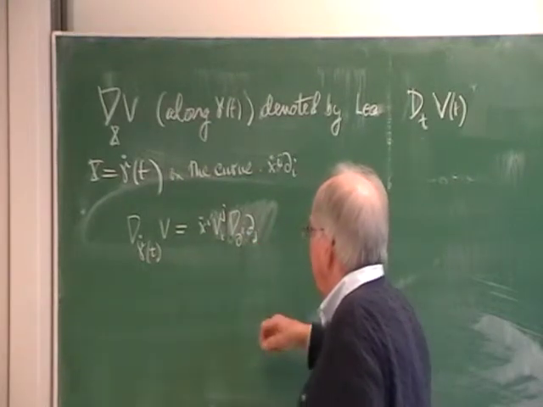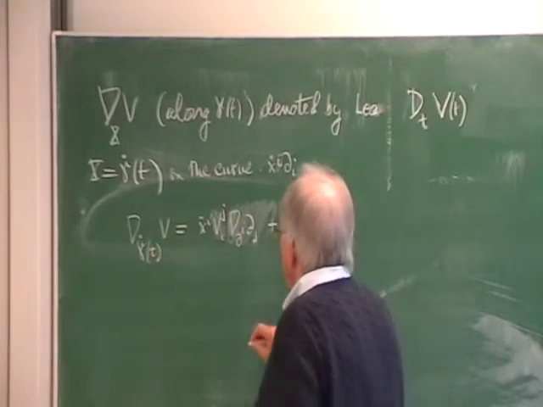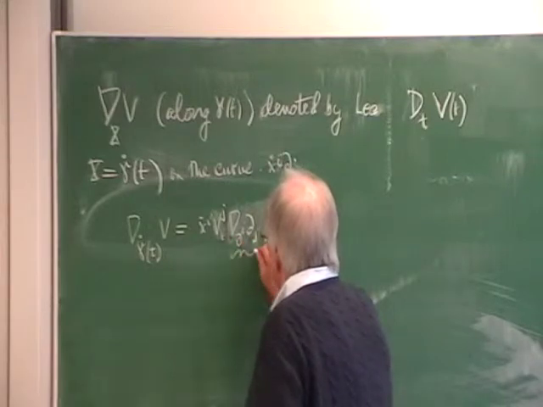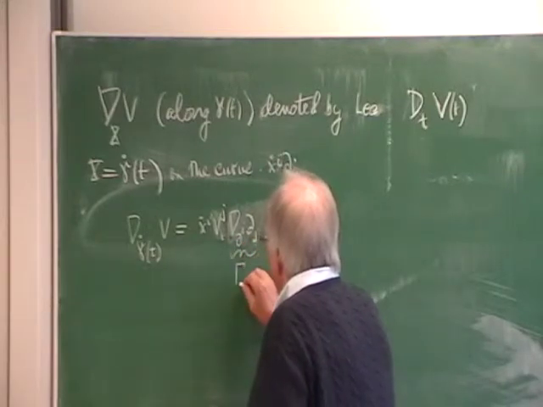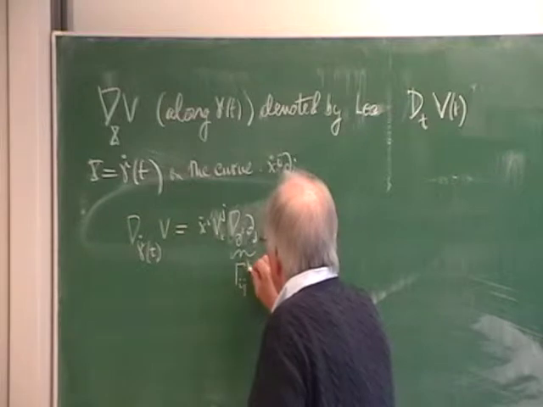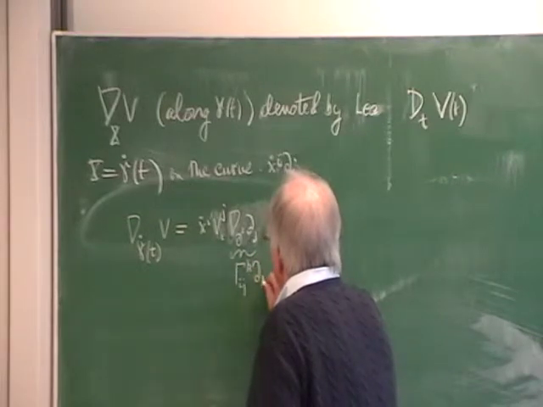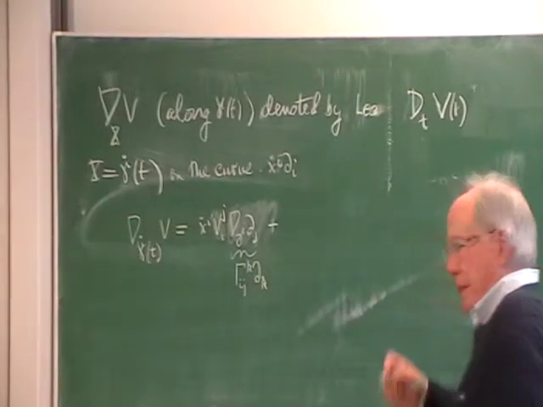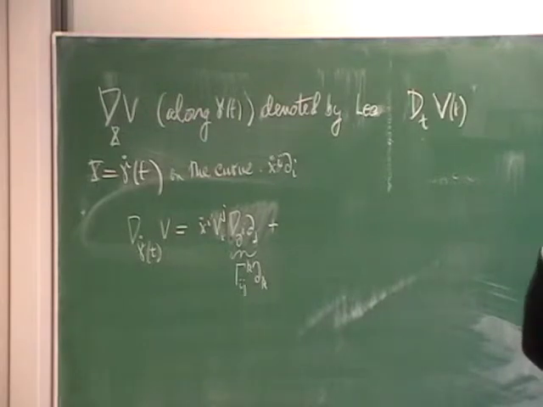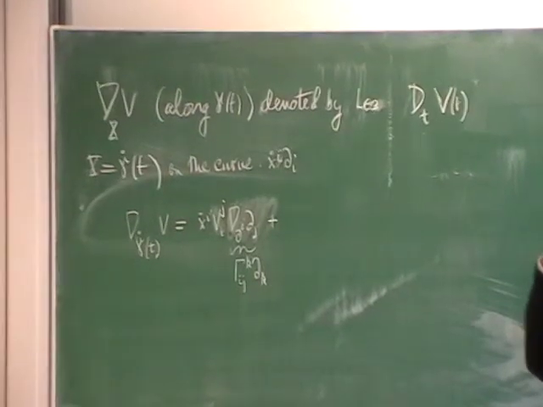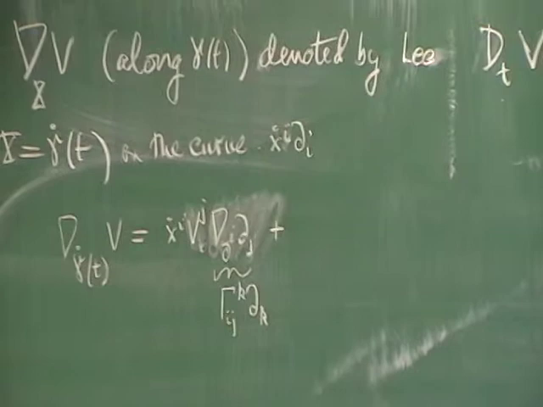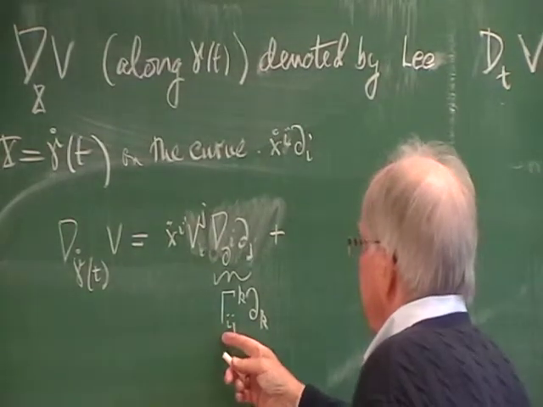Right? That's that, plus something. And what we know here is this guy is the Christoffel symbol. That's the definition of the Christoffel symbol, so that gives you the connection.